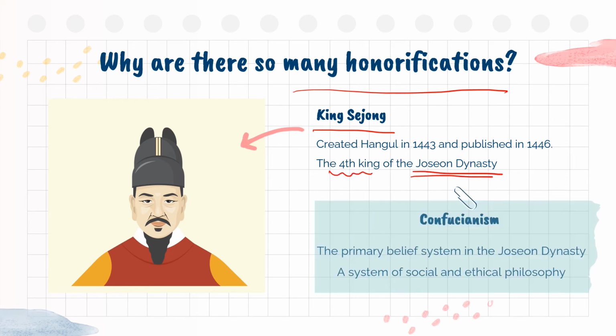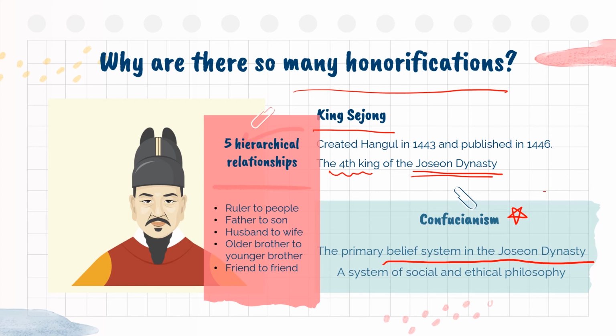And at that time, Confucianism, a system of social and ethical philosophy, was the primary belief system. The Confucian social order was centered on 5 key relationships: ruler to people, father to son, husband to wife, older brother to younger brother, friend to friend.